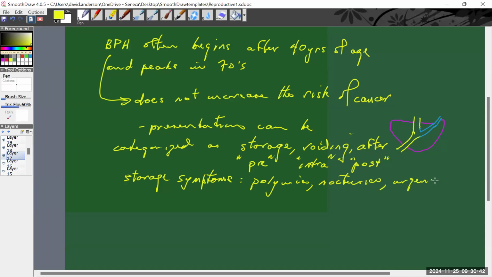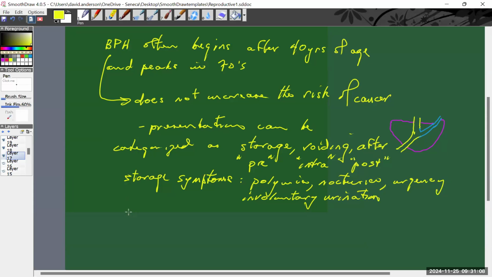Possibly some urgency because the bladder fills sooner. If it's progressive, there can be some involuntary urination, and that might happen a little more frequently at nighttime.